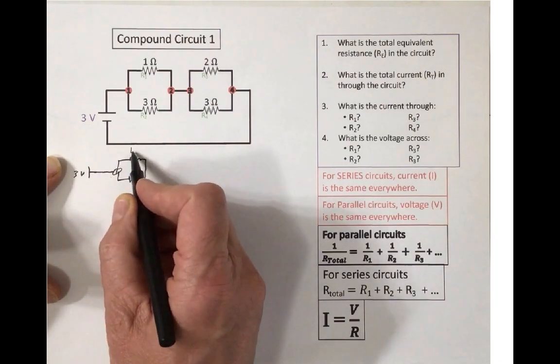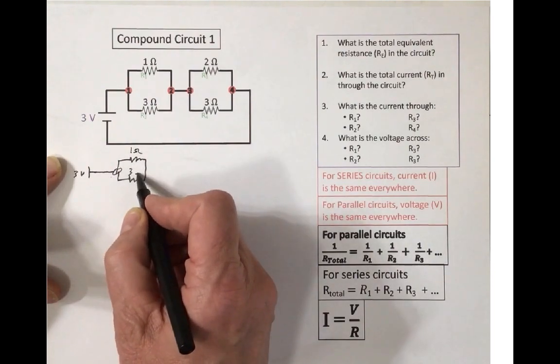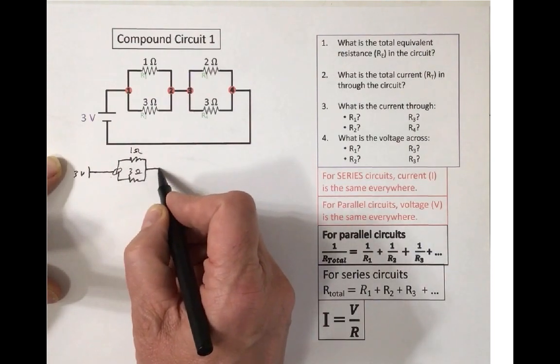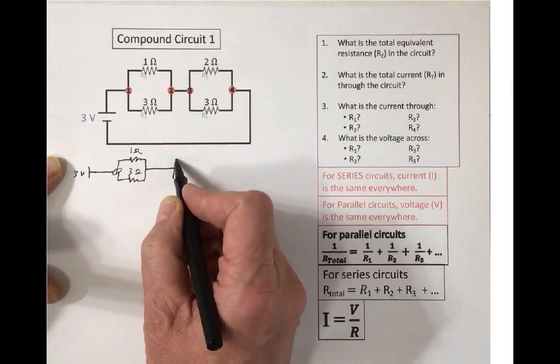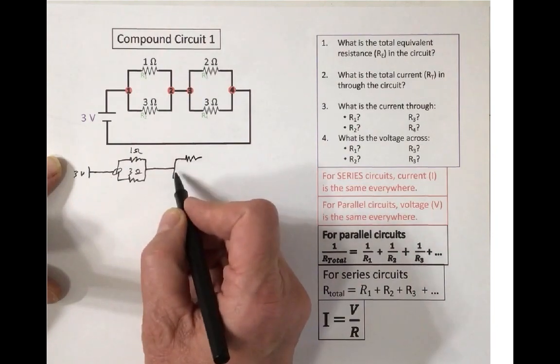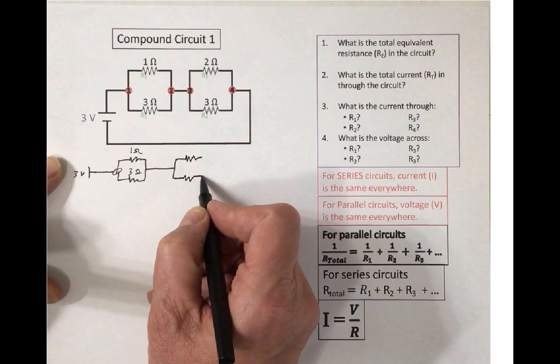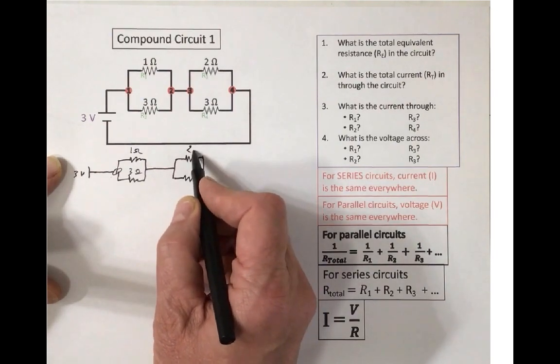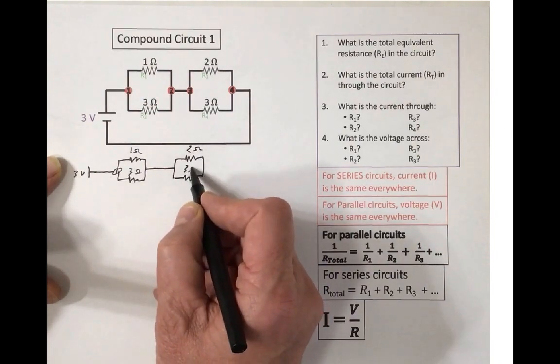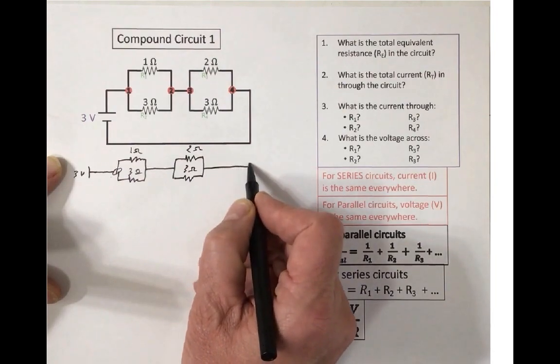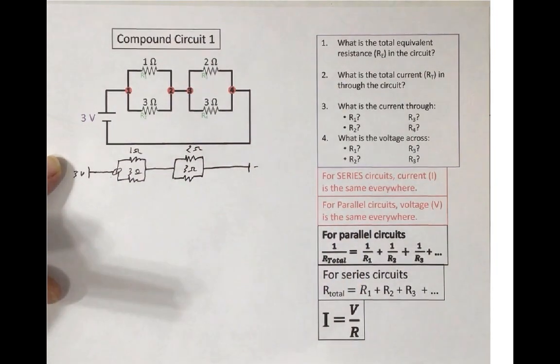It can go through this 1 ohm resistor or this 3 ohm resistor. Then it has another choice after passing through one of those two. It can go through this 2 ohm resistor or this 3 ohm resistor, and then it continues on and makes its way back to the other end of the battery.